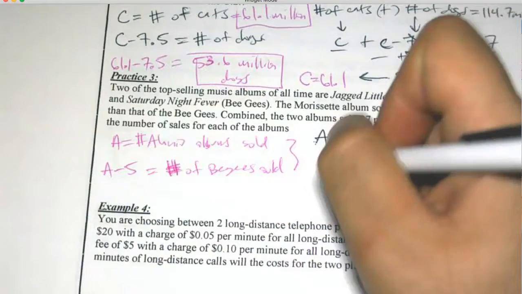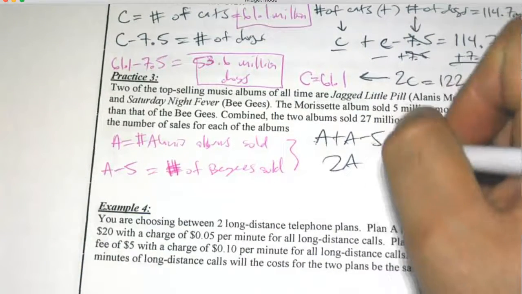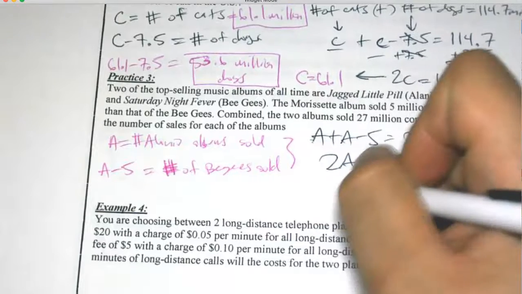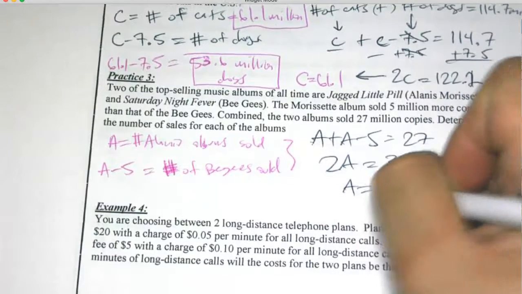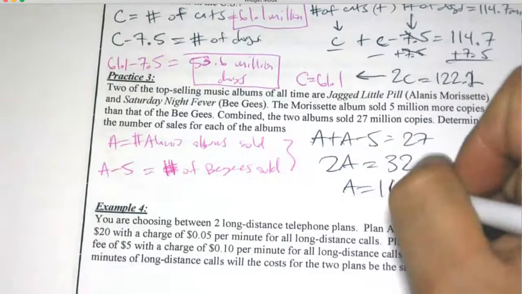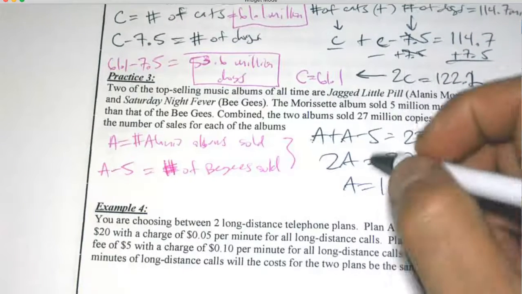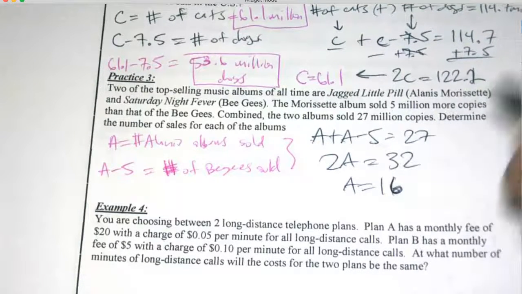So A plus A is 2A. If you add that 5 over, you will get 32, divide by 2, and you get A equals 16. So this is telling me that the Alanis Morissette album sold 16 million copies.